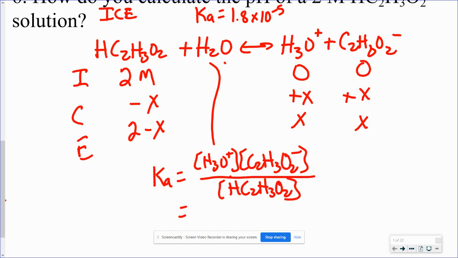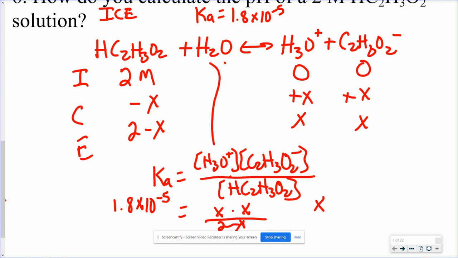And that is going to be X times X over 2 minus X equals 1.8 times 10 to the minus 5th.